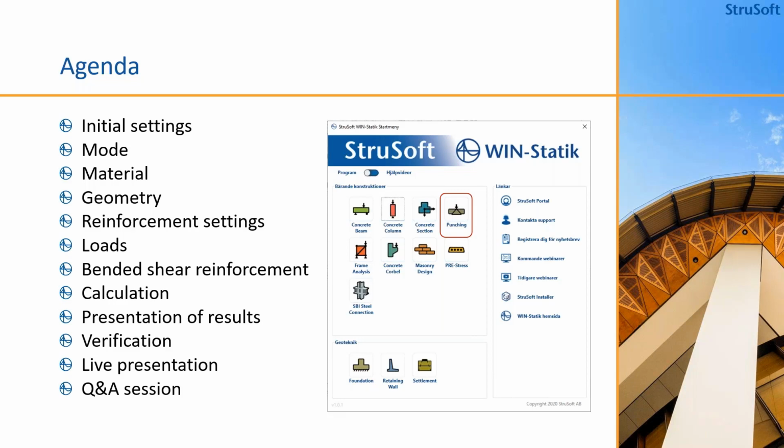To the right, we can see the WIN-Statik start menu launcher, and there you have the possibility to start punching. It's also possible that it is an icon on your desktop or in the start menu of Windows if you have it installed.